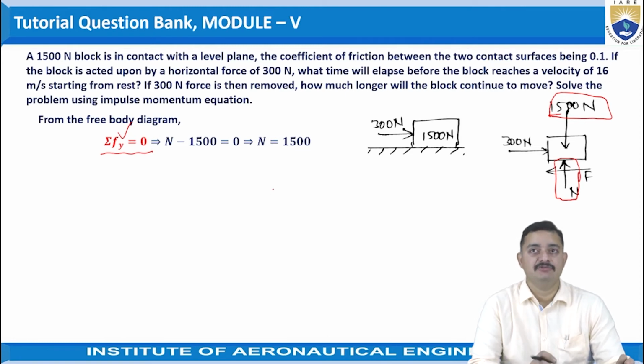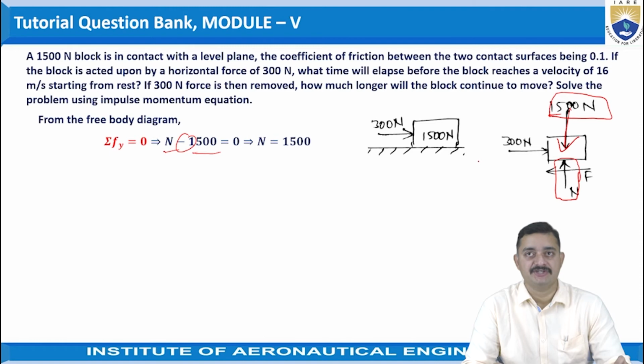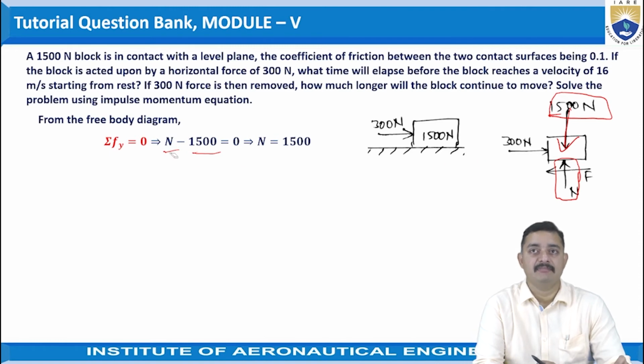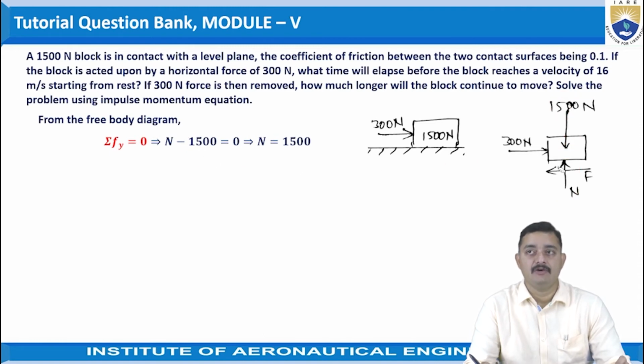Hence we are writing it as N minus 1500. Why is this negative symbol taken? As this weight is acting in the negative axis direction, hence it is taken as minus 1500. Now, if we solve this, N is equal to 1500 newtons.